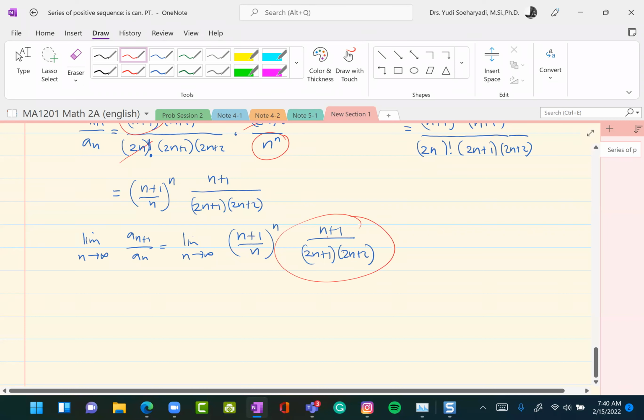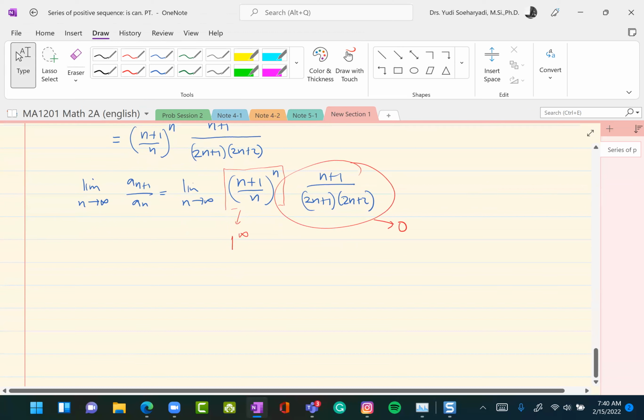You have power 1 on the top and power 2 because you have a squared denominator. So this goes to 0. This is small. While this one here goes to 1. So it is, not in the proper word, an indeterminate form. Okay, so that's to remind you how to compute this one.